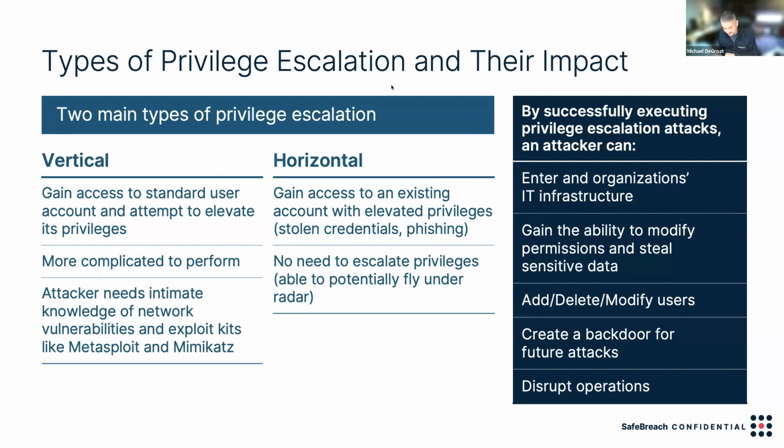And then lastly, as the outcome of malware and ransomware attacks, or politically motivated attacks, is disrupting operations of an organization, creating havoc. And that's really the goal here of what the adversary is attempting to do.